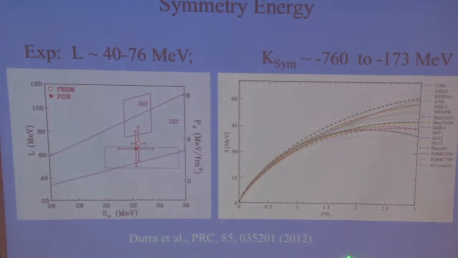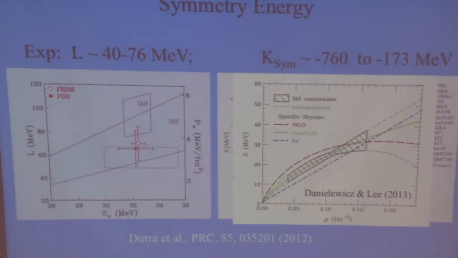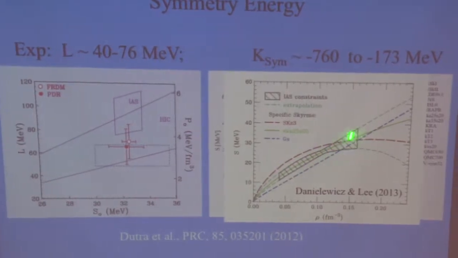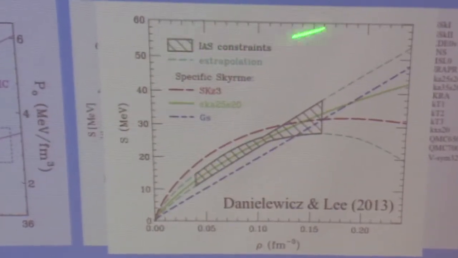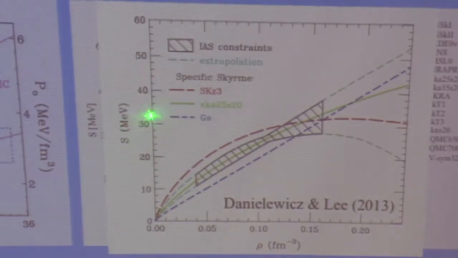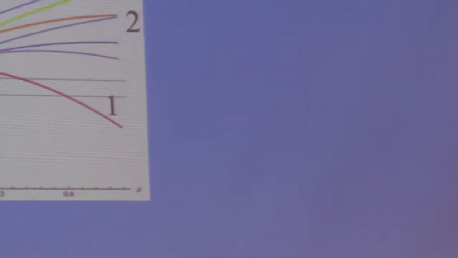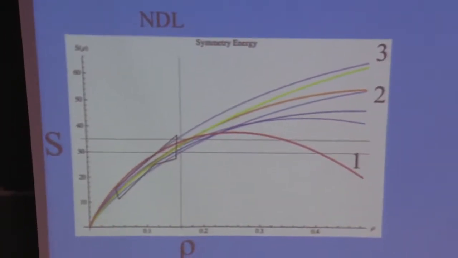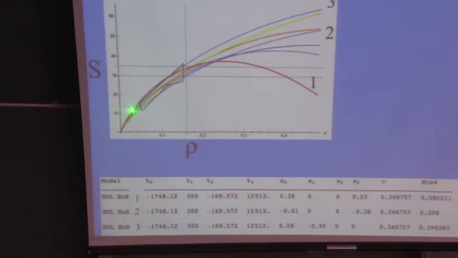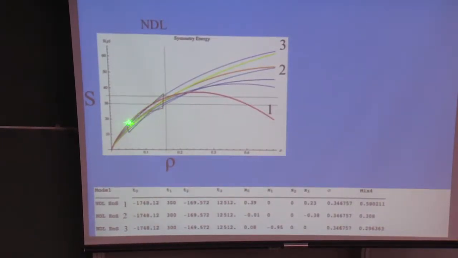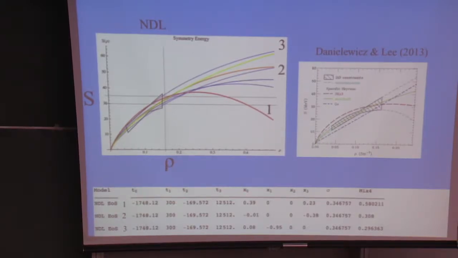This is an example from a paper of a whole bunch of examples, but there's also a constraint from this isobaric analog state of the surface asymmetry as a function of density. So we have adjusted the parameters of this Skyrme interaction to run through that constraint from the isobaric analog state, and also to match the constraints on this linear term, plus all the other nuclear matter.